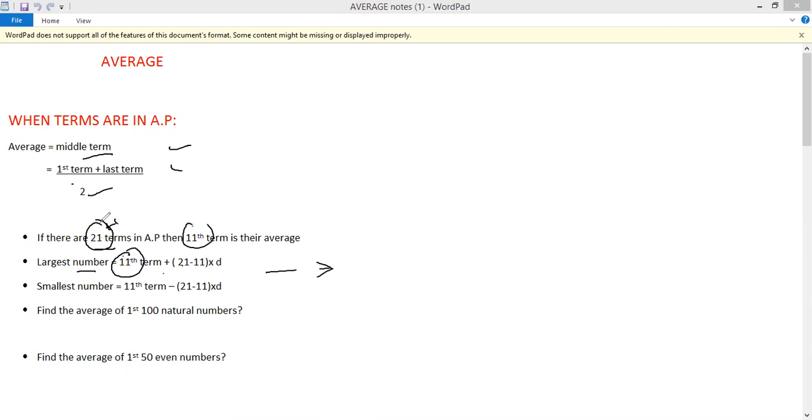How many numbers? 21 are there. So here we know the 11th term, so the difference is 10 gaps. The common difference is D, so I have multiplied these many gaps with D. If you want to find the smallest number, subtract. This will be completed. We will see the next topics.